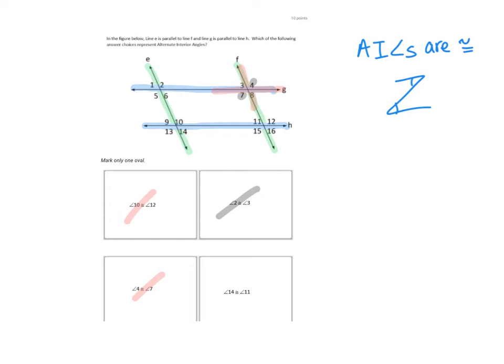Angle 14 and 11. These two form a Z. And because line E and line F are parallel, that means that angle 14 is going to be congruent to angle 11. They form a Z. And they are alternate interior angles, so that is the correct option.